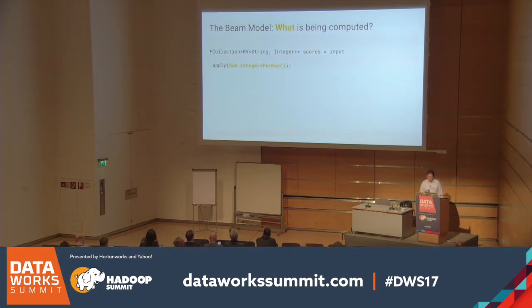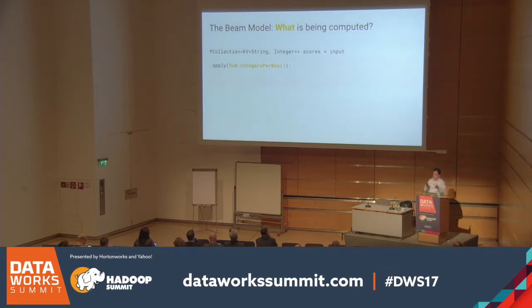So I'm going to start with a really simple example of the first question, what is being computed? And here we have an input. We are applying a transformation to that input that is summing integers per key. So the input to this program is a collection of events in terms of key value pairs.